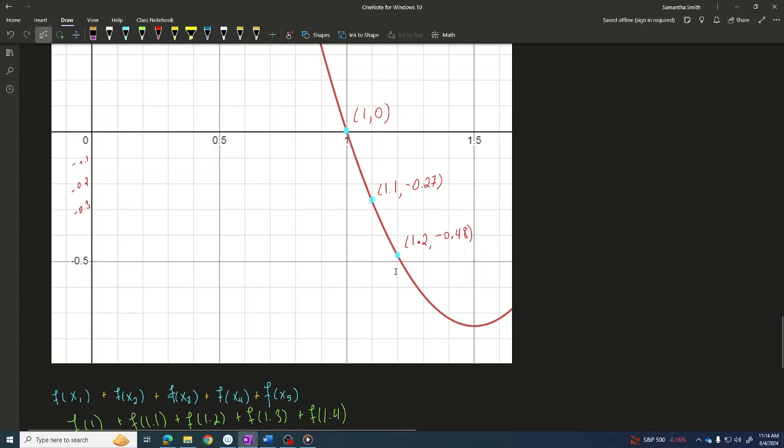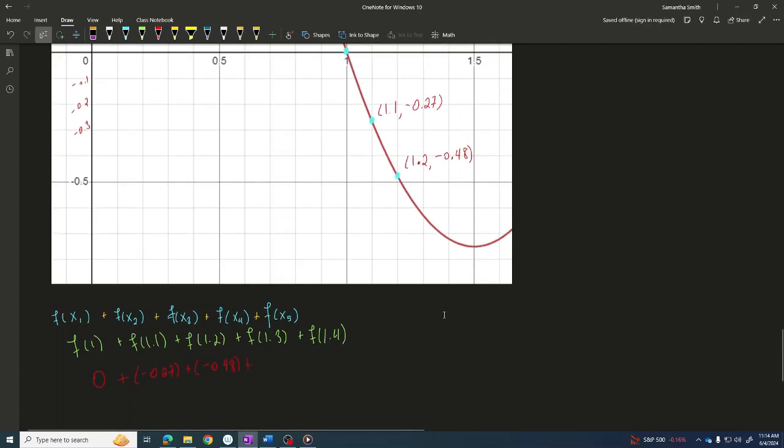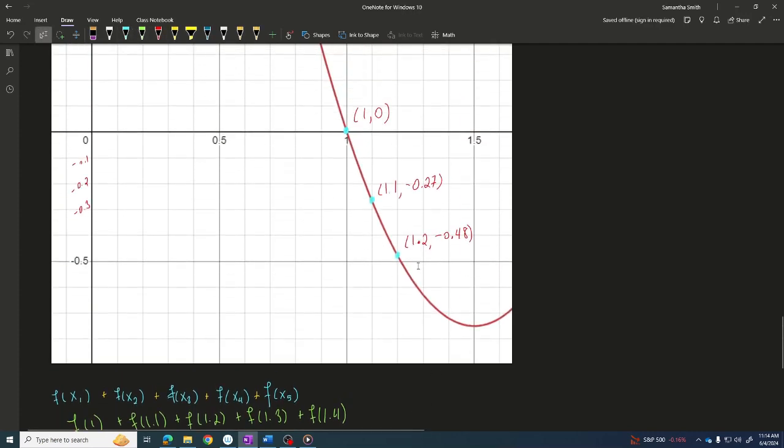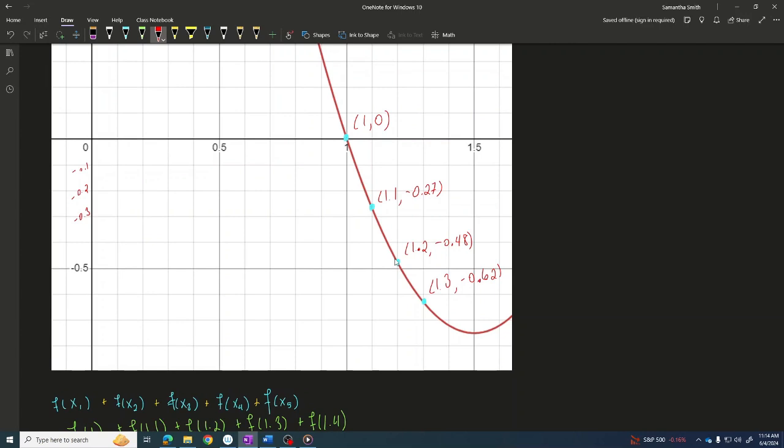So that would be the output corresponding to this input. And repeat again with 1.3. That's a little bit below negative 0.6. So I might estimate maybe negative 0.62 for that height.